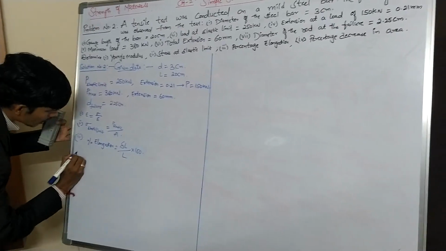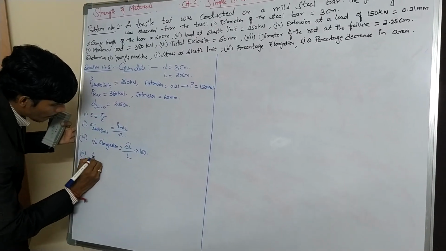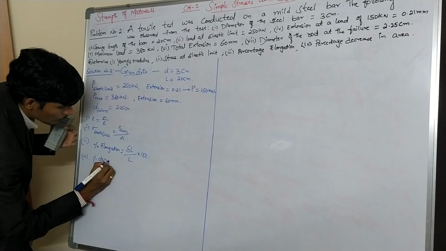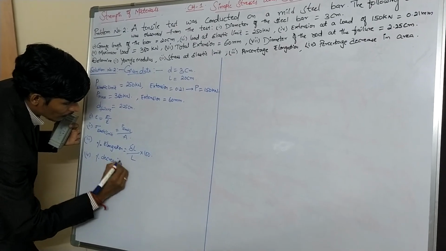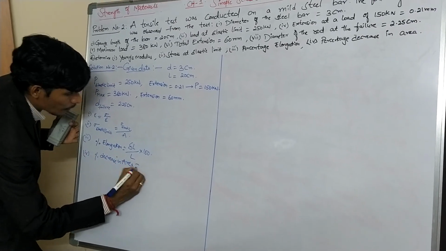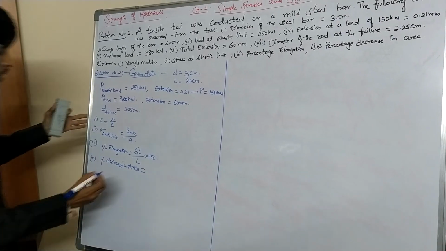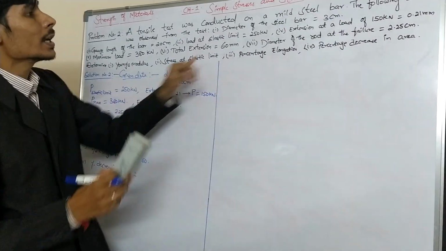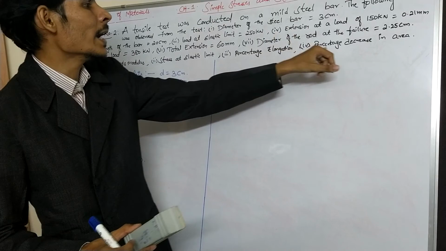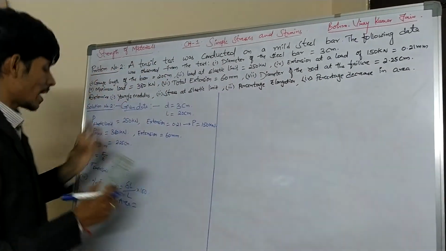And percentage decrease in area. Here, given is original diameter and diameter at failure. Two diameters he has given.